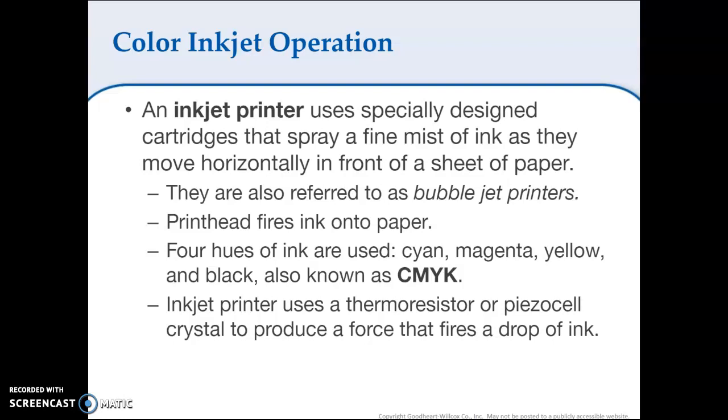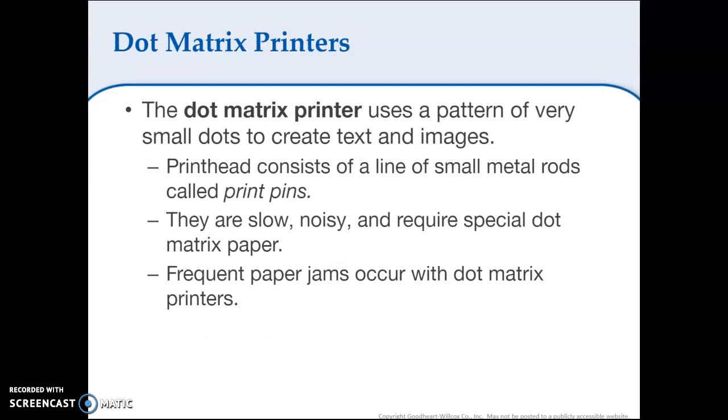And inkjet printers use thermal resistors, which are able to produce a force that fires a drop of ink onto the paper, thus creating the image or the printed document requested by the user. Dot matrix printers, older printers, use a pattern of small dots to create an image or text.